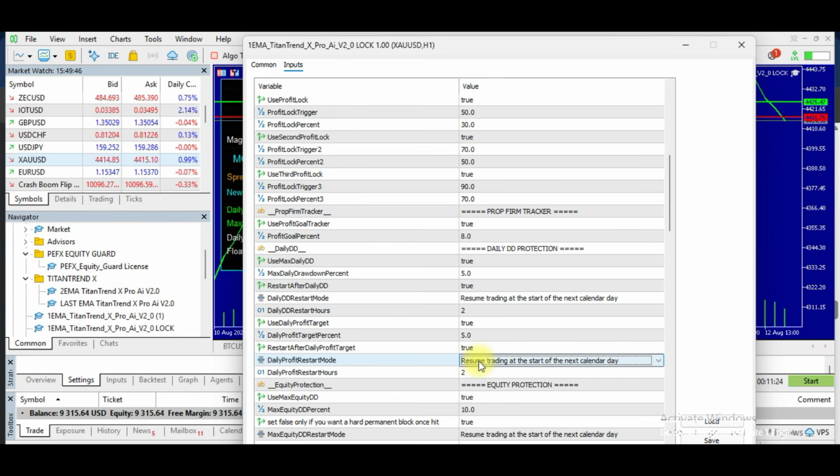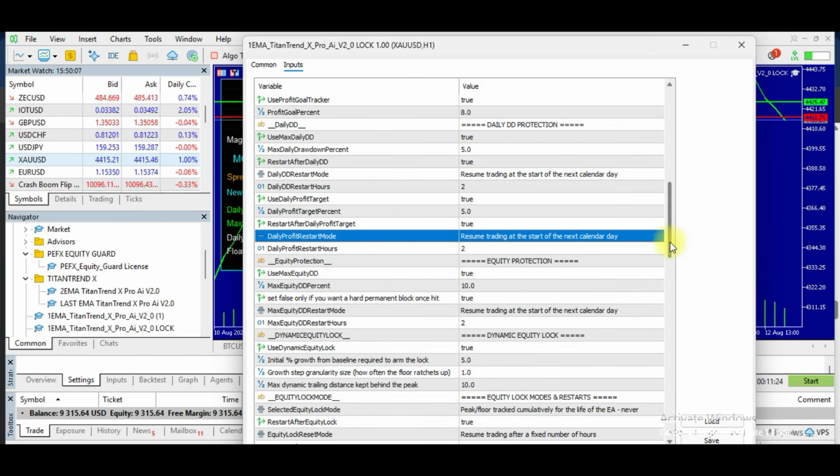You understand? If you want it to restart the next day, then click here and choose the next day, or set the hour. You can set the hour, maybe after 2 hours, after 5 hours, to let the EA start trading again, then it will start trading immediately. You understand? So that is the new feature, and let's go down.